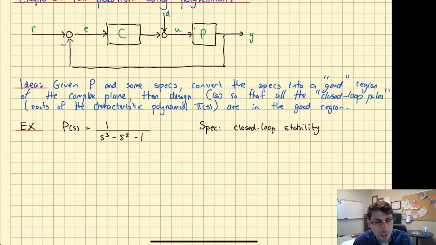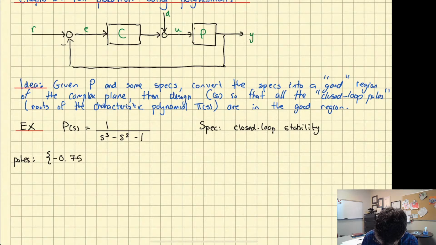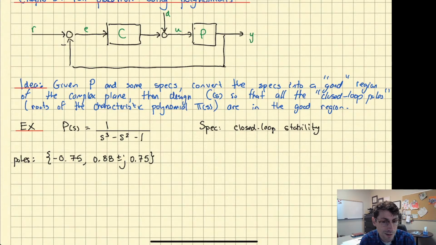All right, so you've got to do something, because this plant on its own is not stable. If it were stable already, then you wouldn't need to do anything. So the poles of the plant are approximately negative 0.75 and 0.88 plus or minus j 0.75. These guys have positive real parts. So the plant on its own in open loop is not stable, and you can't solve this problem by doing nothing.